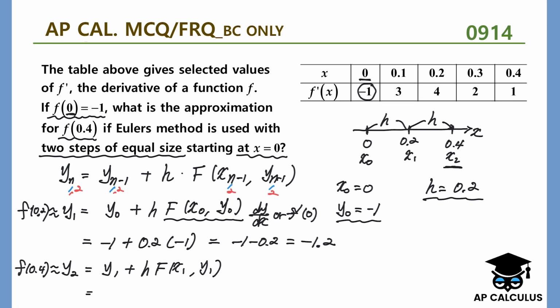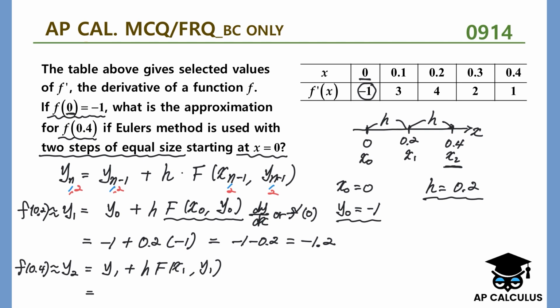So that is equal to y1. We found it right here. That's negative 1.2, plus step size h, which is 0.2, times the slope. When x is at x1, which is 0.2, our slope is 4, right?